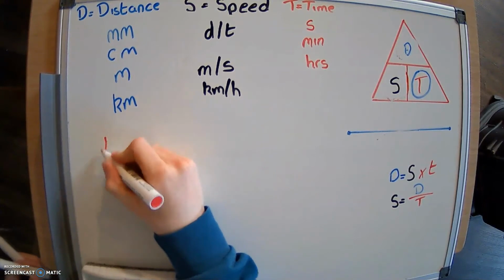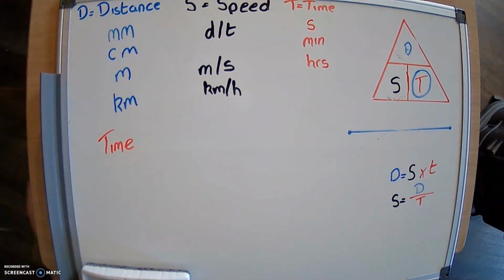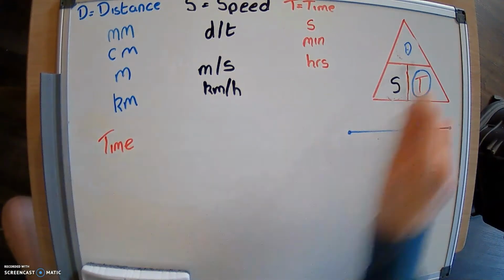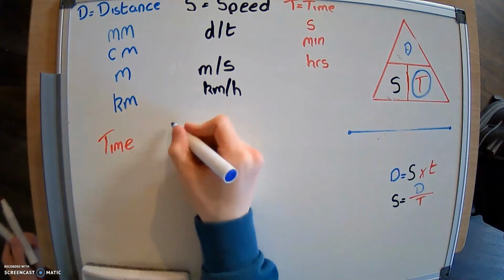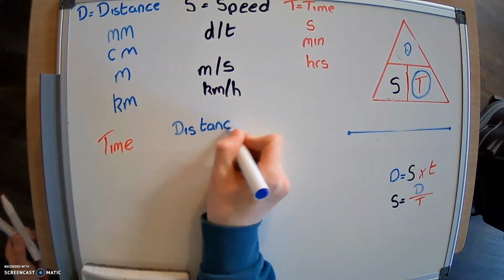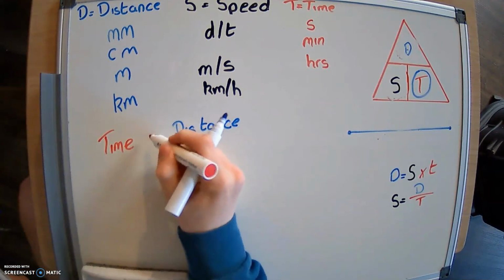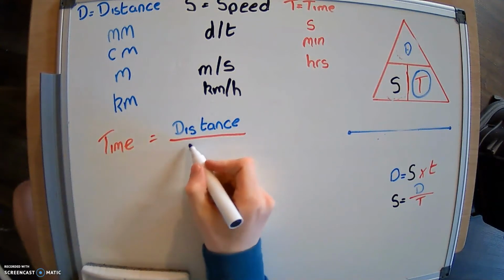And I'm reading from our triangle, time is equal to d over s, which is distance all over speed. So time is equal to distance all over speed.